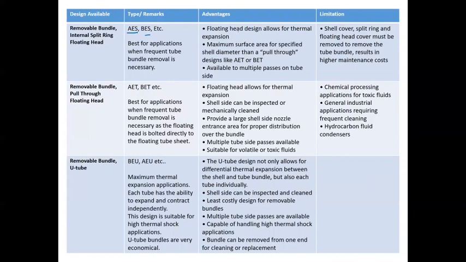The design allows for thermal expansion, maximum surface area for a specific shell diameter compared to pull-through designs like AET and BET, and is available with multiple passes on the tube side. Compared to the previous design, we can design it up to 2 passes only.